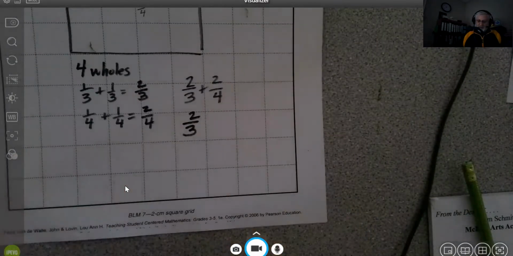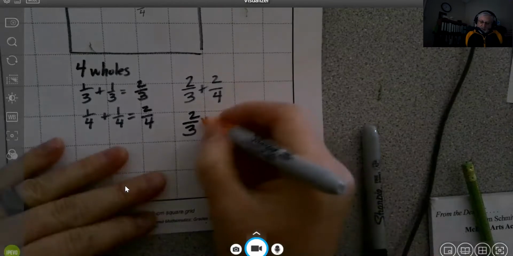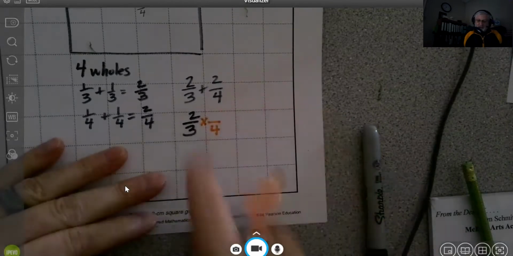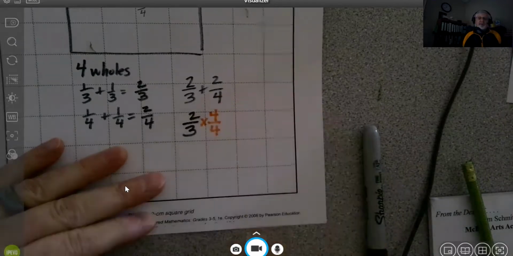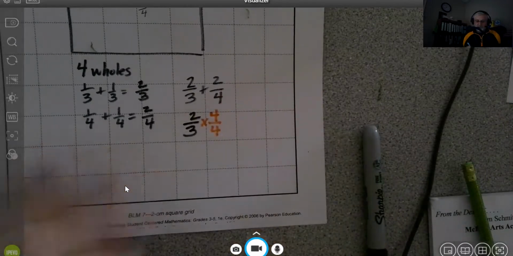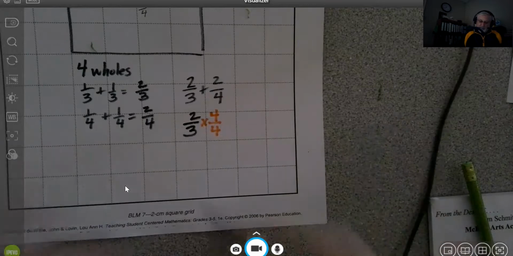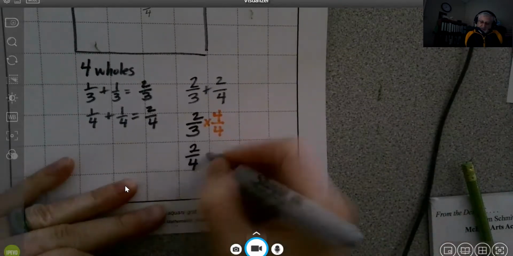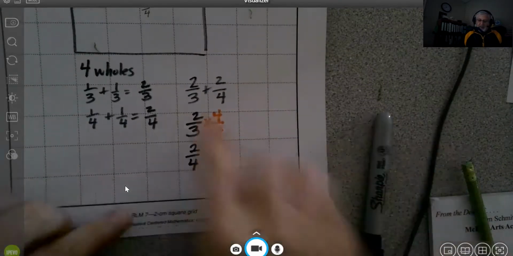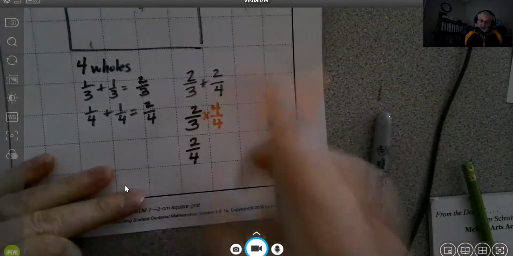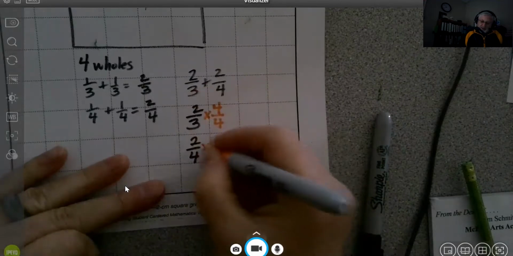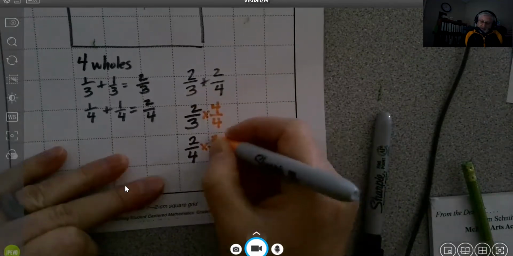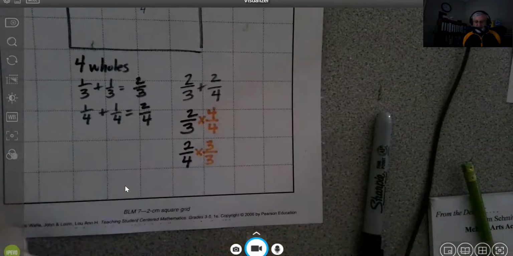I want to multiply it by 4, my denominator, and to make sure that 2/3 does not change its value, I have to multiply it by 4 in the numerator as well. And then 2/4, I want to multiply by the other denominator, which is 3, and then 3 in my numerator because I don't want to change its value.